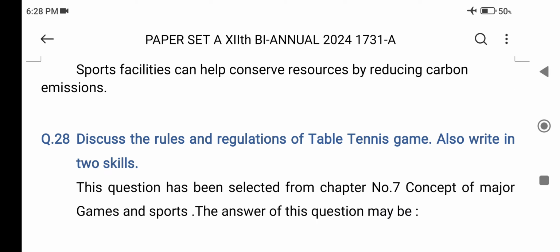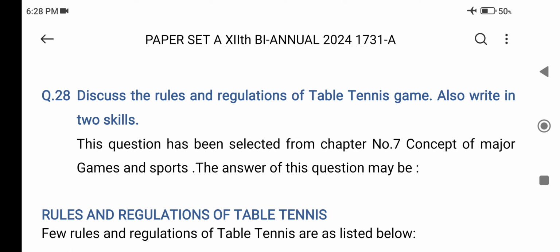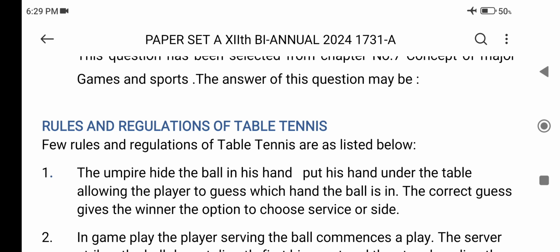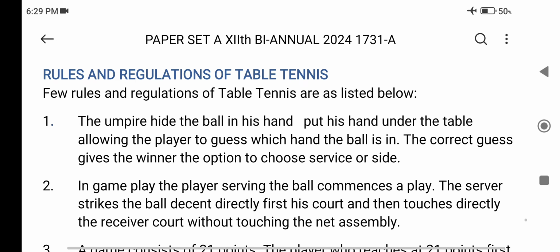Question number 28. Discuss the rules and regulations of table tennis game. Also write two skills. This question has been selected from chapter number 7, Concept of Major Games and Sports. The answer of this question may be rules and regulations of table tennis.